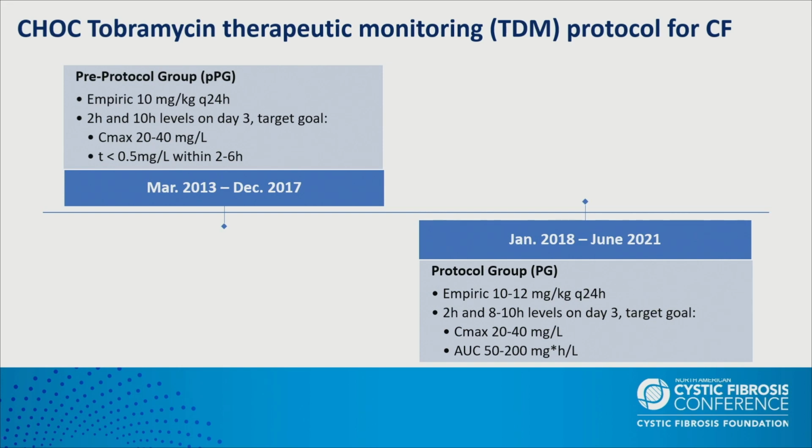In 2018, the protocol was changed to now target a Cmax of 20 to 40 and an AUC between 50 and 200. And I'll call this group the protocol group. So just to highlight the changes, Cmax was kept the same, and we replaced the goal drug-free interval with a goal AUC of 50 to 200.